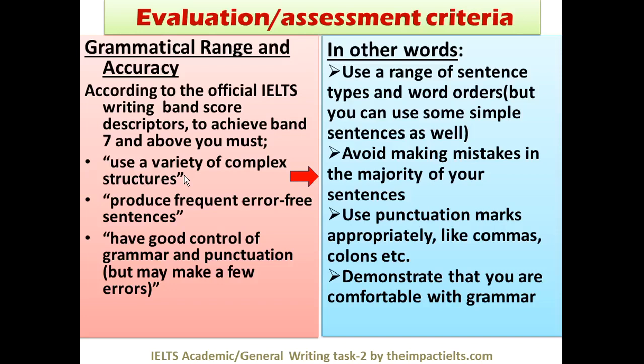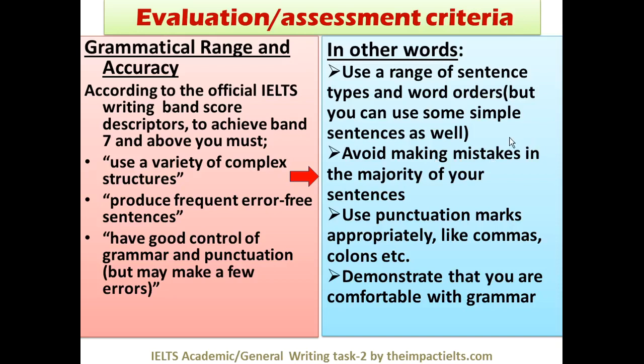Complex structures are when you're writing longer sentences, to be more precise, when you're combining two or more sentences together. That is known as complex structures, and we're going to discuss that in detail in coming videos. So don't worry if it doesn't make much sense to you right now. We're going to discuss that in detail.